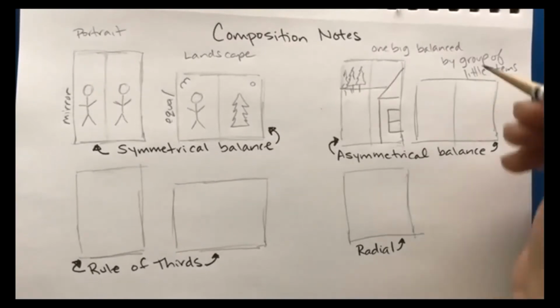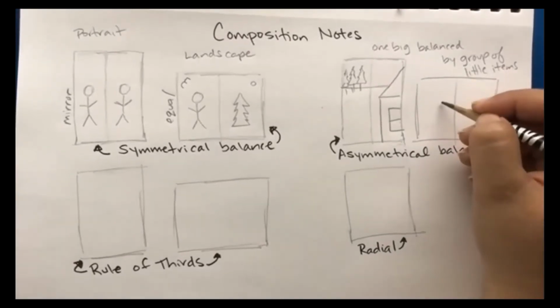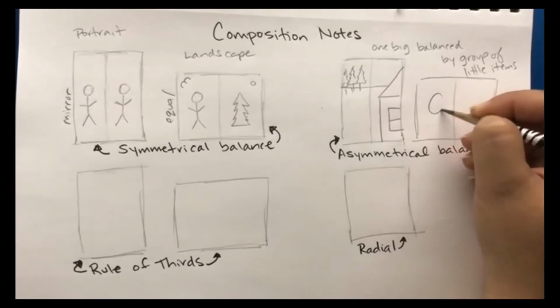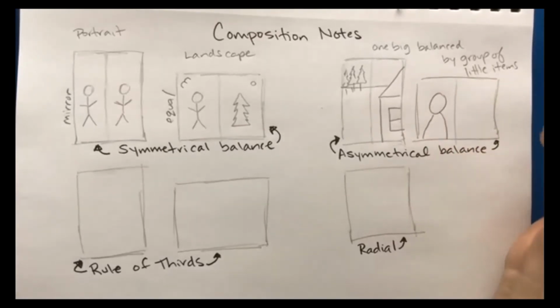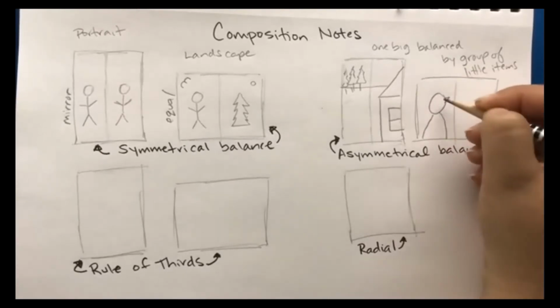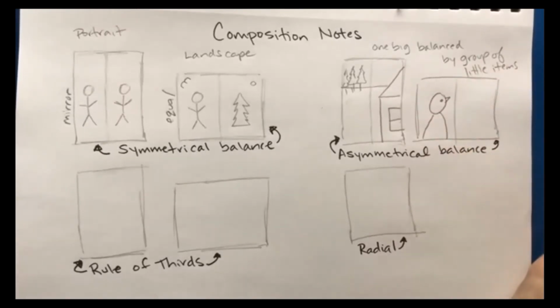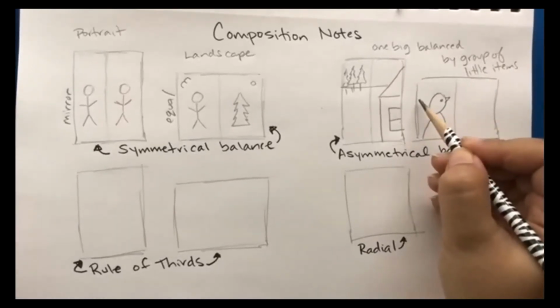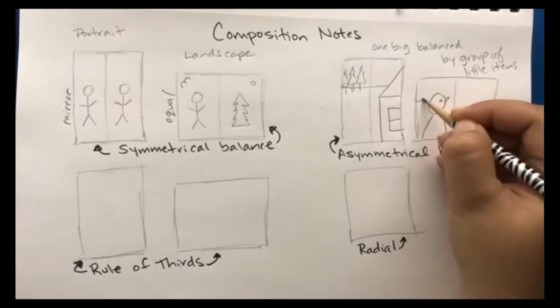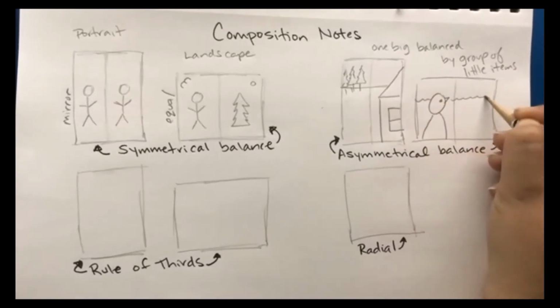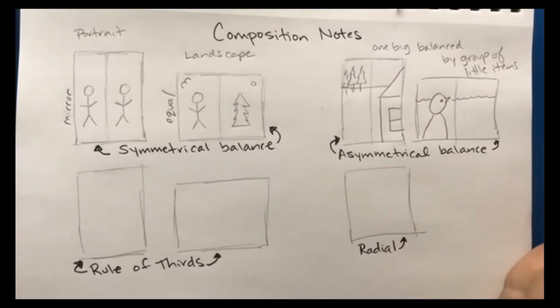So another example here, maybe I have a person. Looks more like a penguin, but it's okay. We're gonna go with it. And maybe our little person or penguin is looking at something on the ocean.